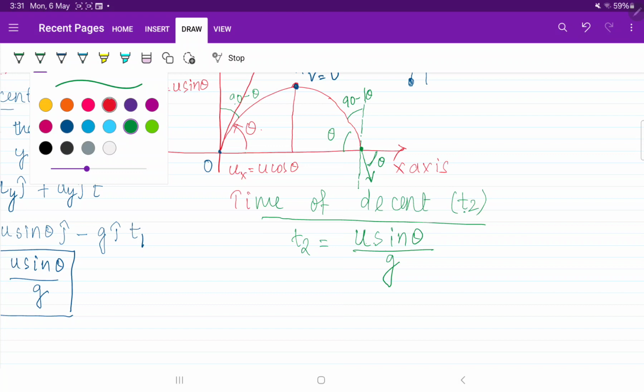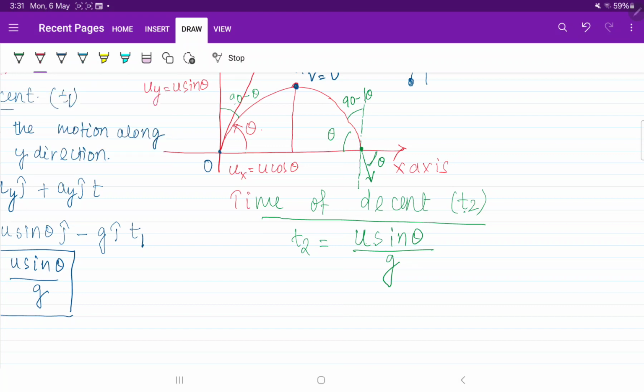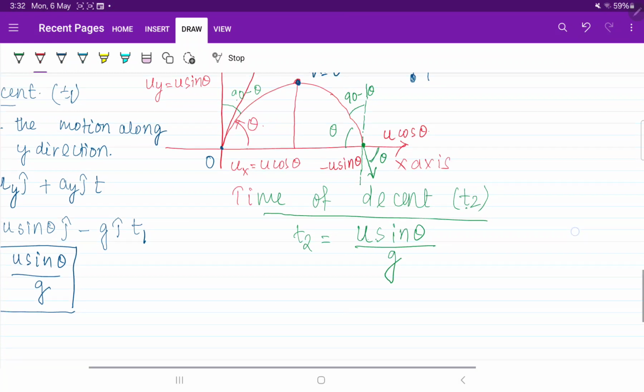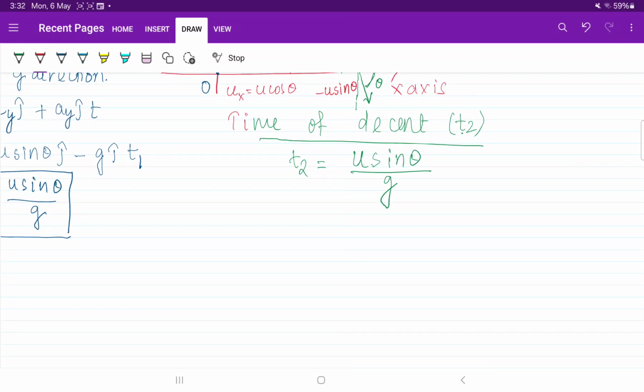So we can proceed to the next step, that is, if it is theta, then you can find this is u cos theta, and we can write that this is u sin theta. But as it is coming in the negative axis, we can introduce a minus sign here, that is minus u sin theta.